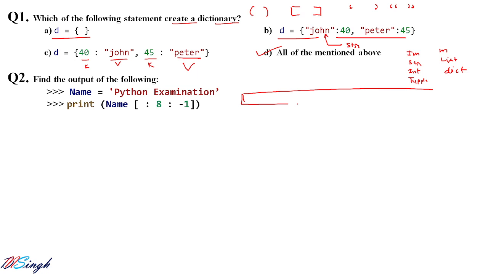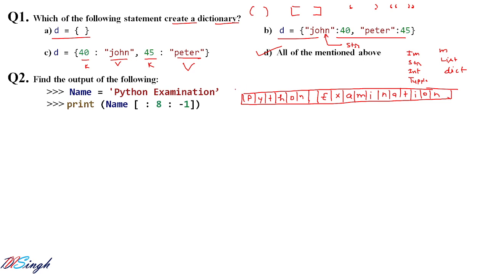Most of the time it is asked for a string. The most appropriate way of dealing with such a question is to write that string or any particular sequence in that form: p y t h o n, then you have one space, then examination, e x a m i n a t i o n. So this is your final string.